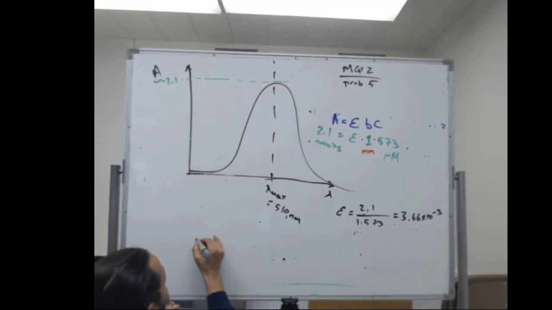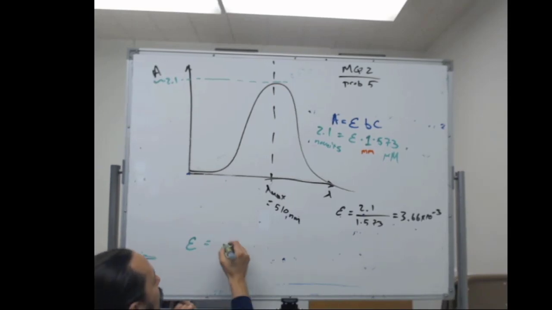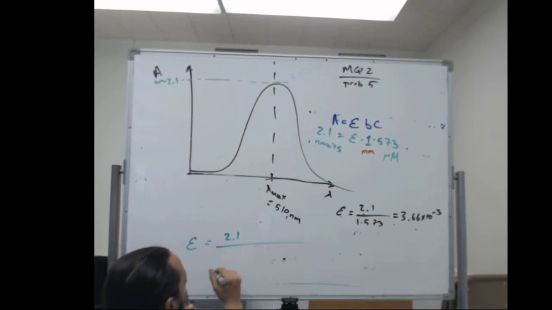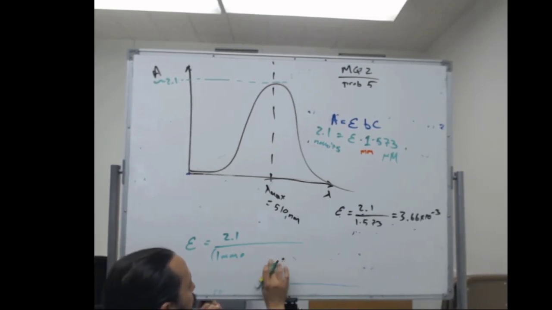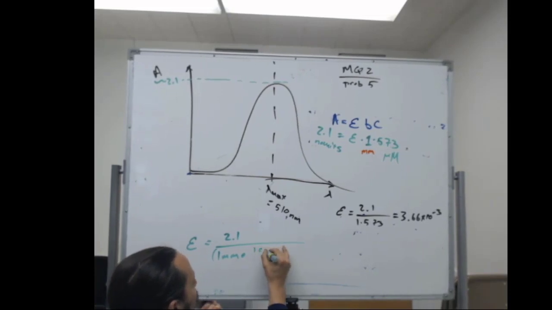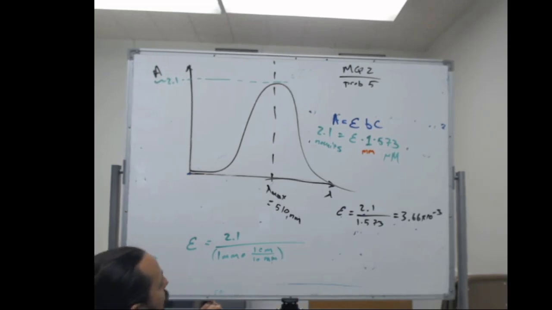Where the right way is actually going to look very similar. Epsilon is equal to 2.1 divided by 1 millimeter. I'm just going to put my unit conversions right in there. 1 centimeter has 10 millimeters. Oh, that's an M, I swear.